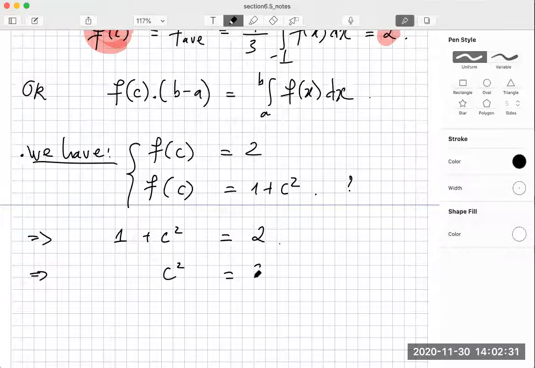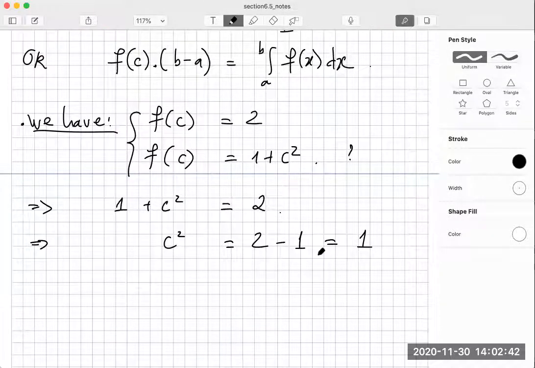Subtract 1. Perfect. Which is C squared will be 1 here, right? So, which means C will be the square root of 1.